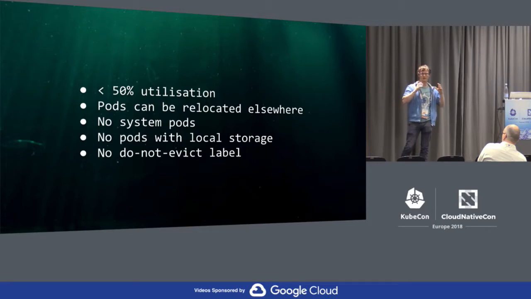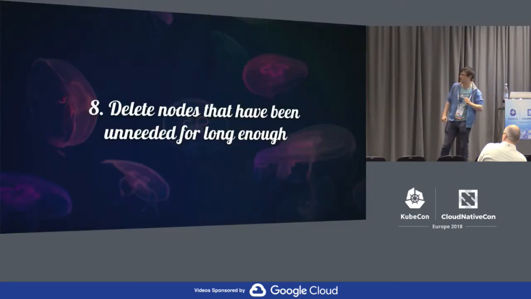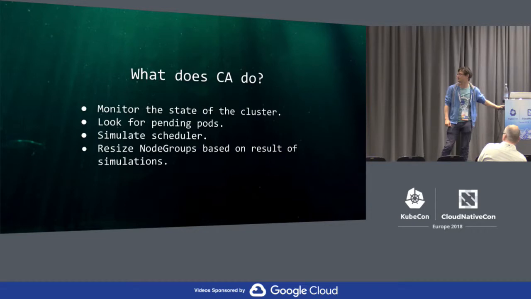Or add a pod disruption budget saying only one of those can be not running at a given time, so we will respect that. And if all of those conditions are true, we basically say the node is unneeded. And if a node is continuously unneeded for 10 minutes by default, you can change that with flags, we will delete it. And that's basically a very high overview of how cluster autoscaler works.